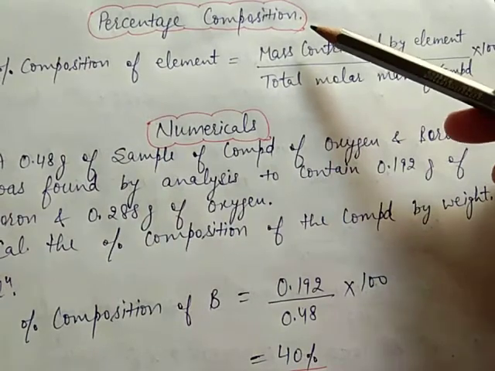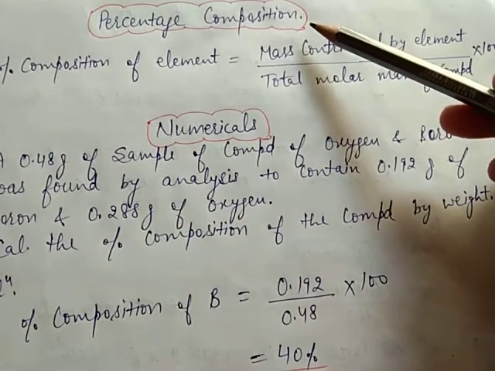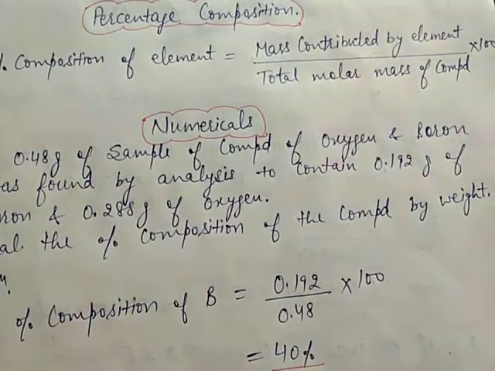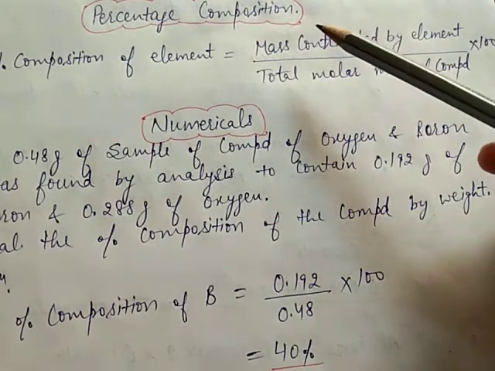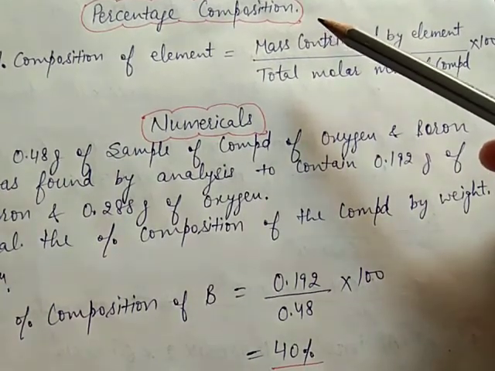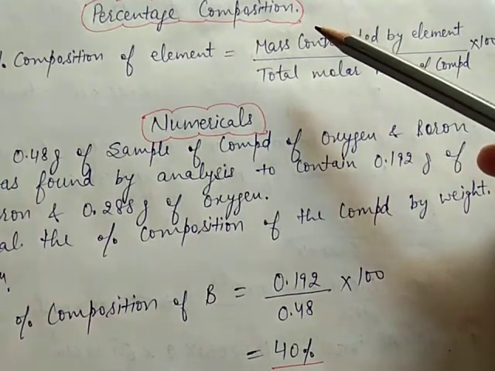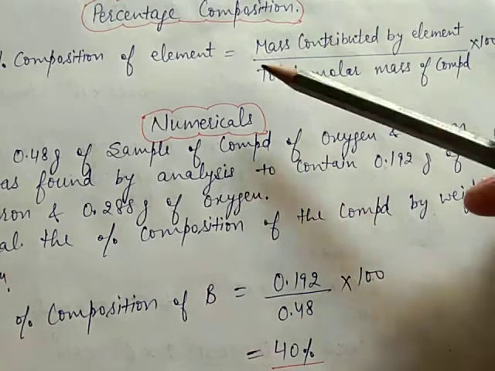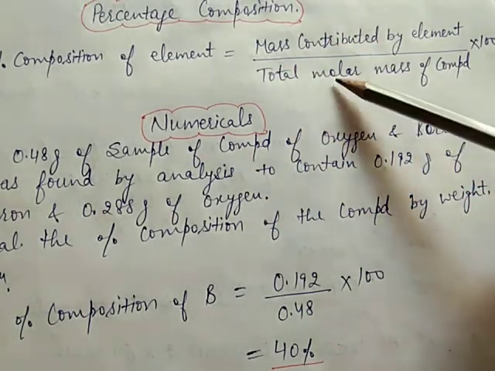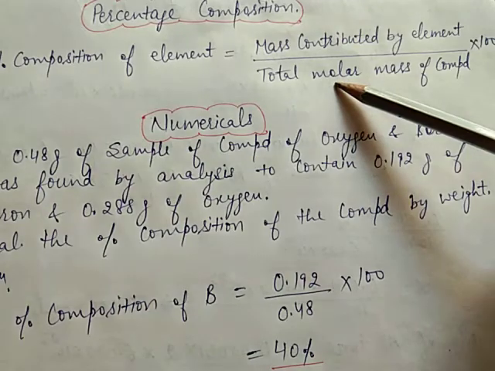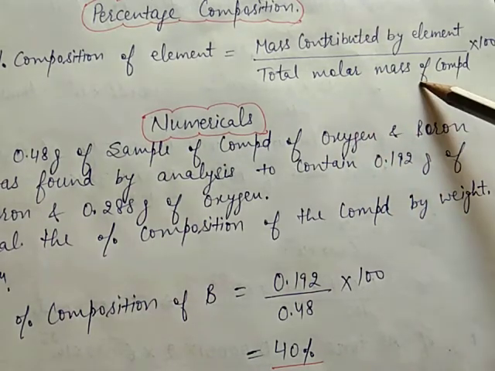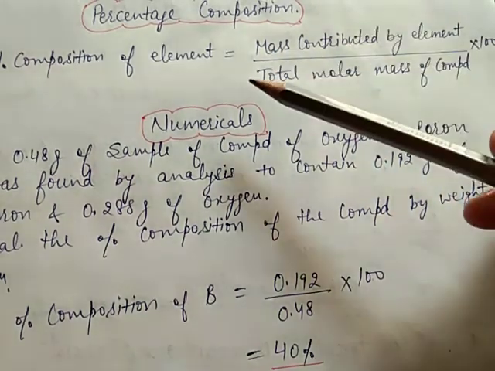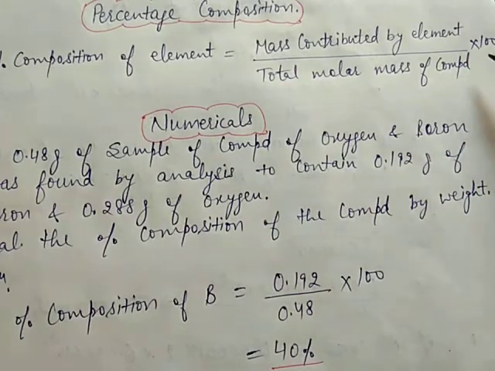Now the next topic is percentage composition. Percentage composition of an element in a compound is the percentage of mass contributed by the element divided by total mass of the compound. Here percentage we have to calculate, then multiply by 100.